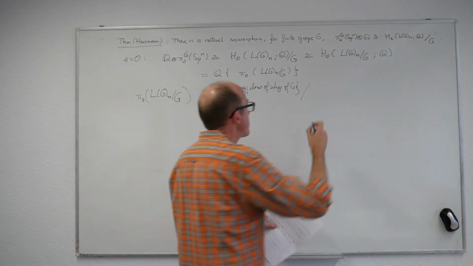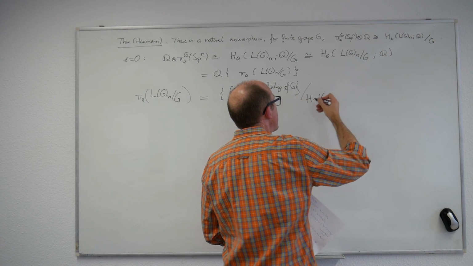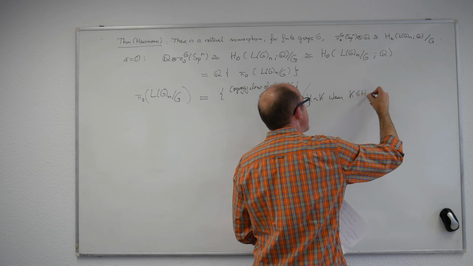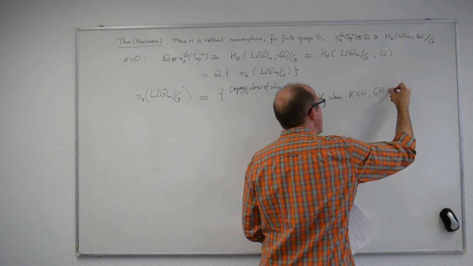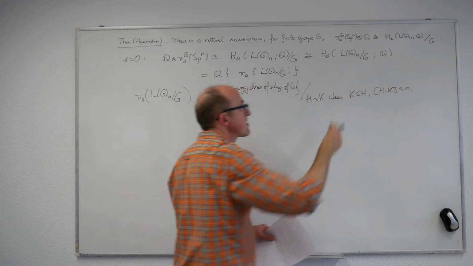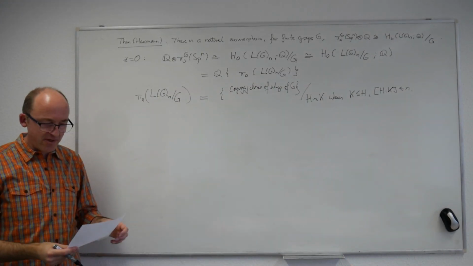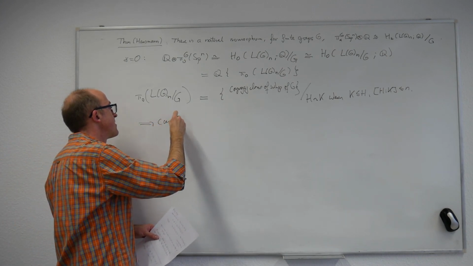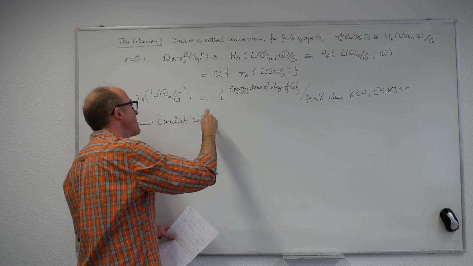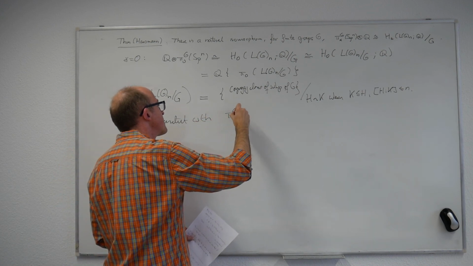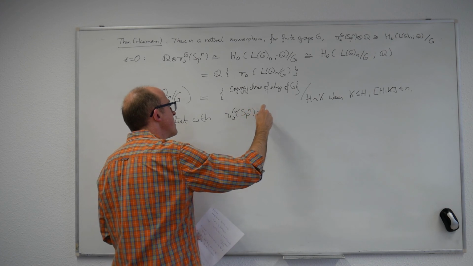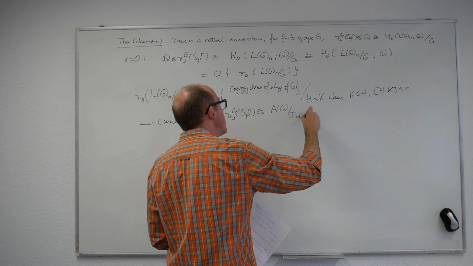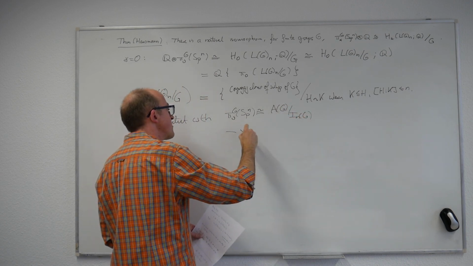So this is modulo identifying H and K, or the equivalence relation generated by this, whenever K is contained in H and the index of K in H is less than or equal to n. Of course, this is not an equivalence relation yet. You have to pass to the equivalence relation generated by that. And this is consistent, it gives exactly the same answer as when we get pi 0 G SPn isomorphic to the Burnside ring of G modulo I_n of G, and we take this isomorphism and we tensor it with Q.